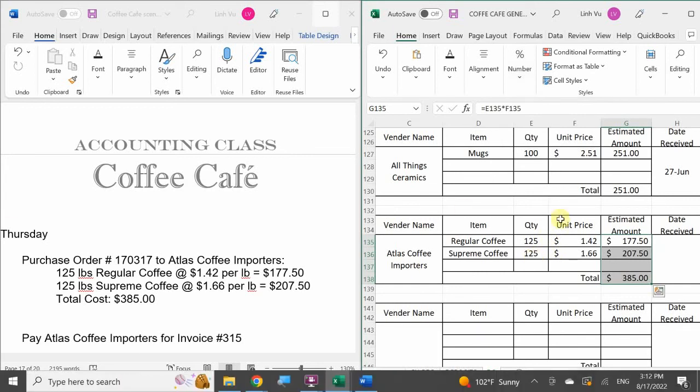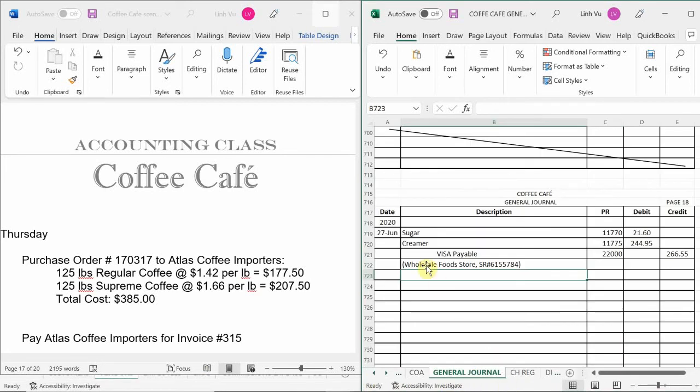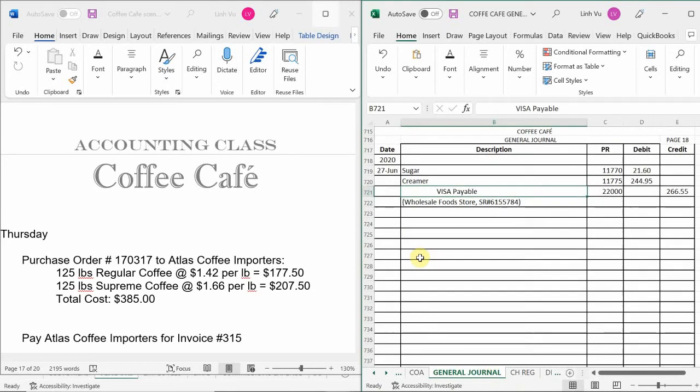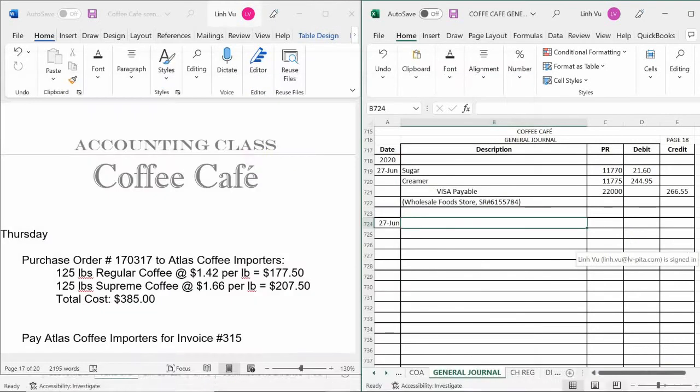And then we are paying Atlas for invoice 315. So we go back to the general journal. We will be debiting accounts payable and crediting checking.